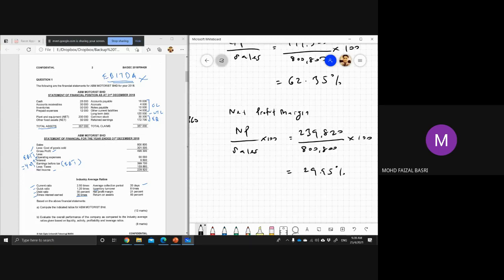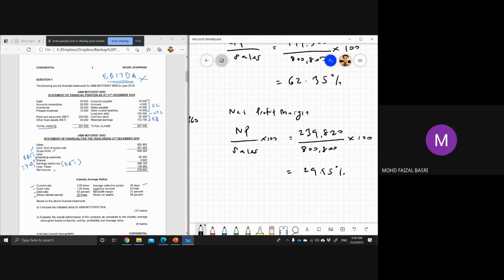So almost 30% of the sales value will be converted into net profit. So you can skip the other items in the estimation and directly get the net profit, the last item. That's the purpose of the net profit margin, so that we can estimate from the sales how much the net profit is.